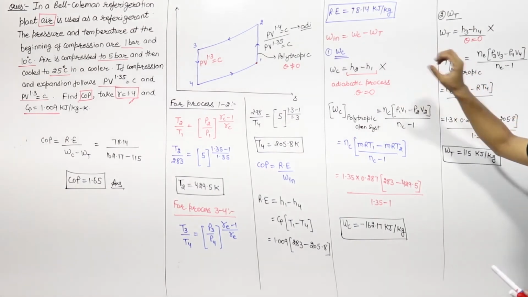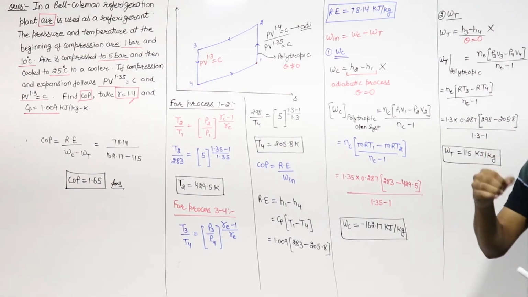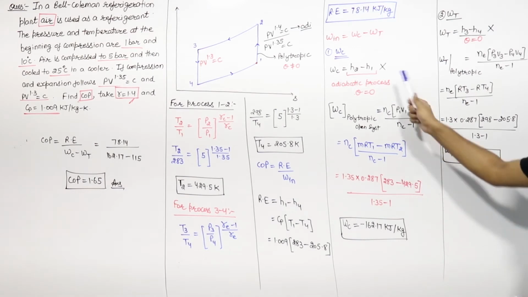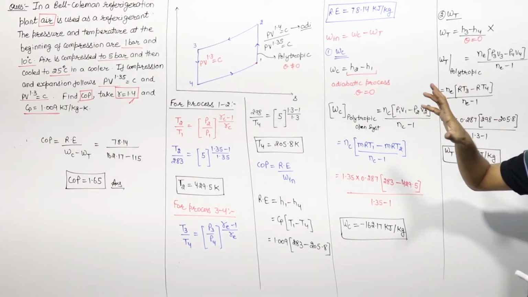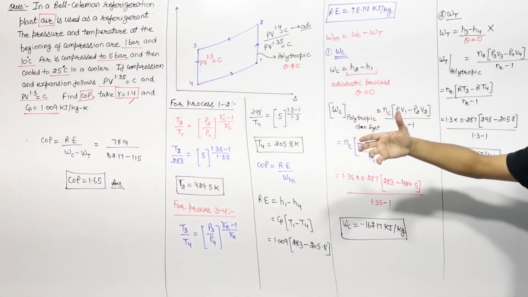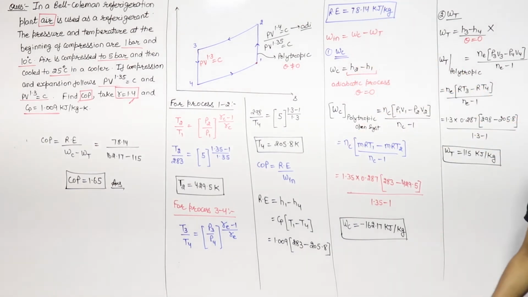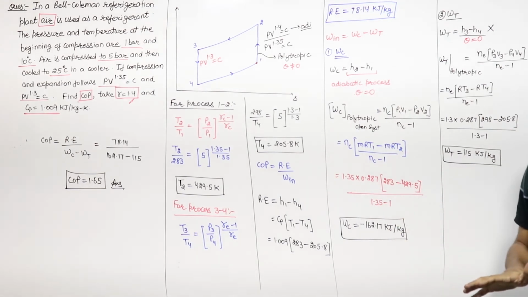These equations are only valid for an adiabatic process when heat transfer is 0, right? You may write this equation H2 minus H1 if you consider the heat transfer in the polytropic process. You can consider it, right? It is very easy to find the heat transfer in this polytropic process. If you solve this, then the answer will be the same, right?